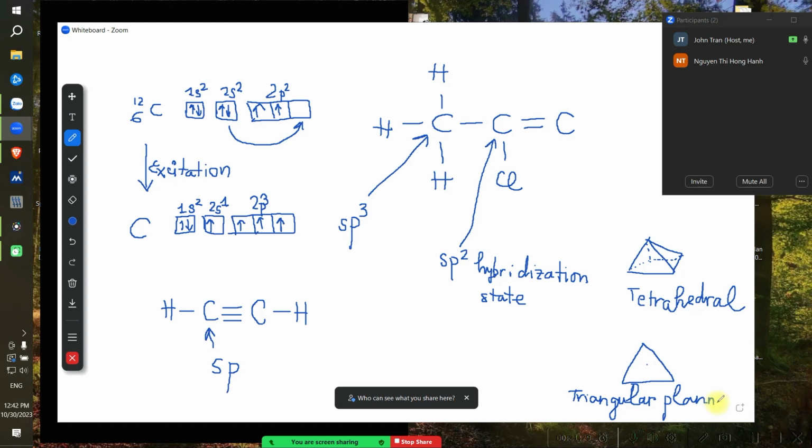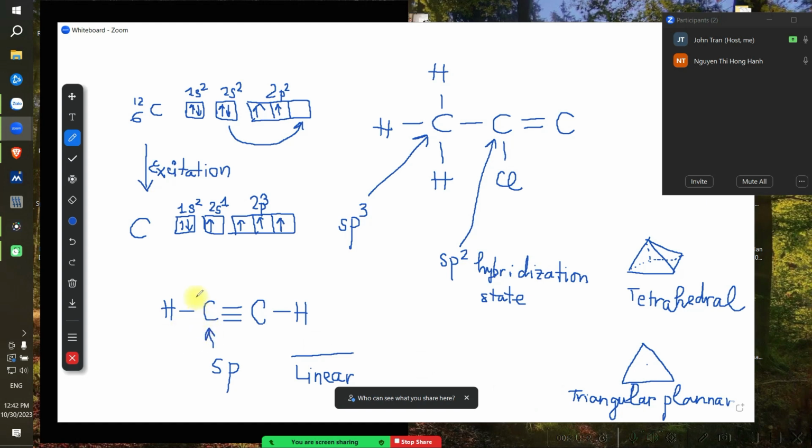Planar là mặt phẳng. Ba góc trên cùng một mặt phẳng, tức là cái tam giác đều á. Triangular planar. And if you have sp, it's basically linear. Tại vì một đường thẳng mà, it's linear. Because it's a line, you know.